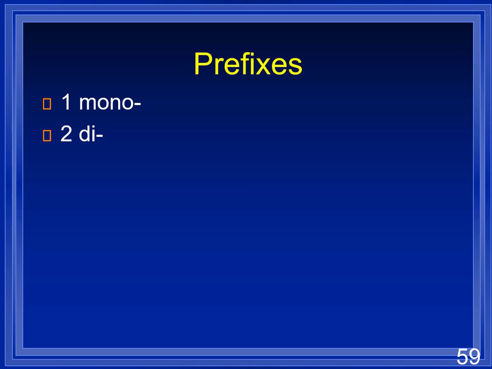Di. Di means 2. 3, everybody knows. Go ahead, try. Tell me what it is, try. Oh, it's tri. I don't have to try, I can do it. No surprise there, right?